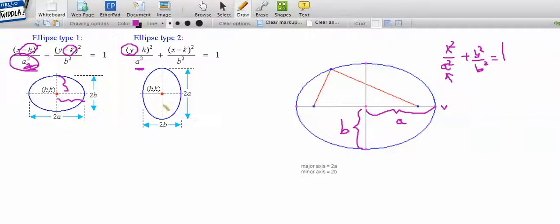Here we have a in the vertical alignment. I had to take a peek at that. And then b here, where we have the horizontal piece. Okay. And so these points right here, that's your vertex. This is your co-vertex, your co-V, if you will.